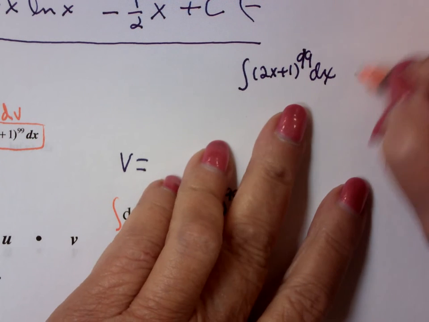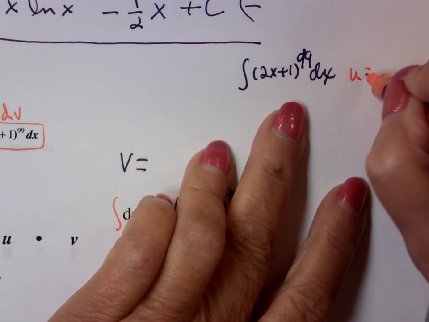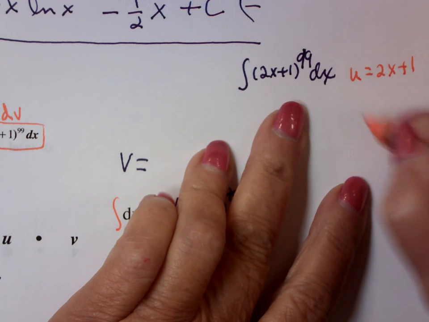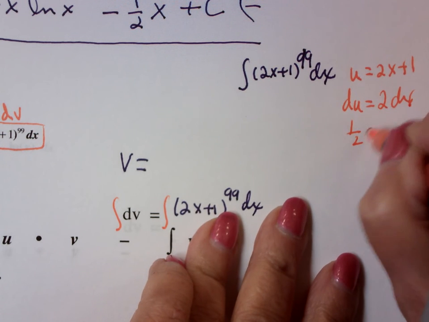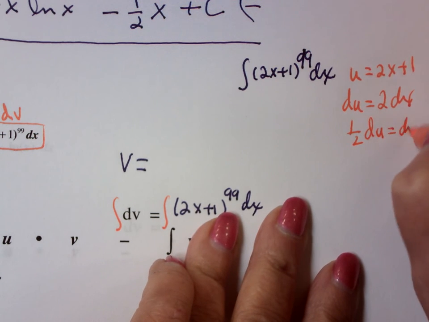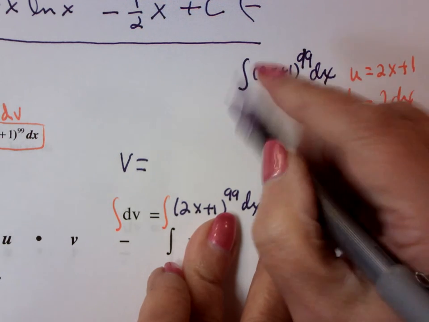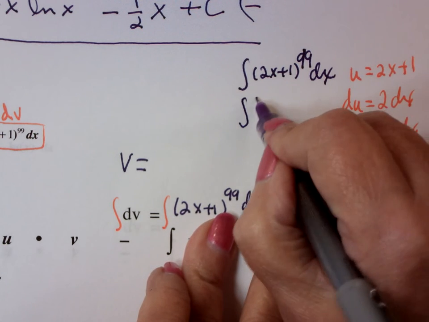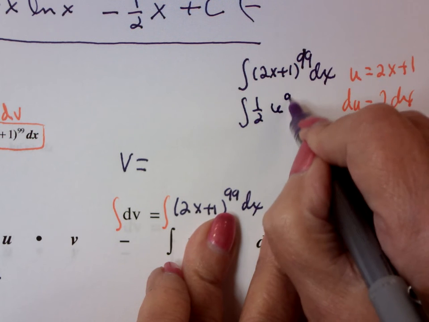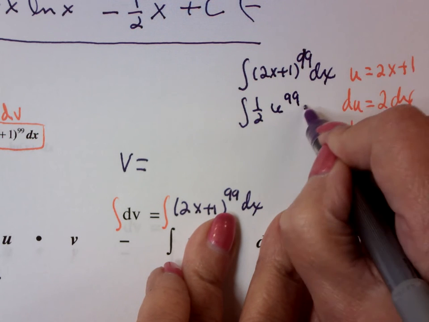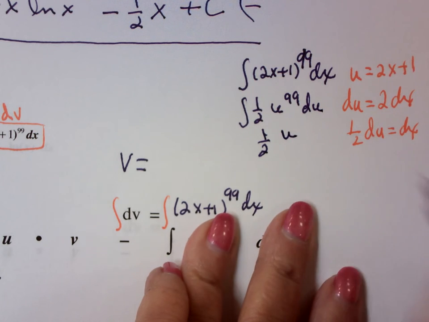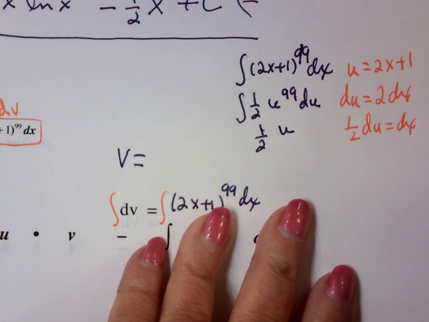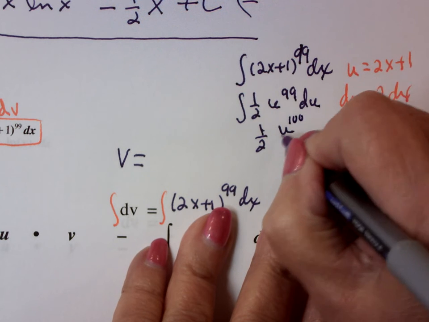So here we go. U is 2x plus 1, so that du is 2 dx, or 1/2 du is dx. So this becomes the integral of 1/2 u to the 99 du, which is 1/2 u to the 100 over 100.